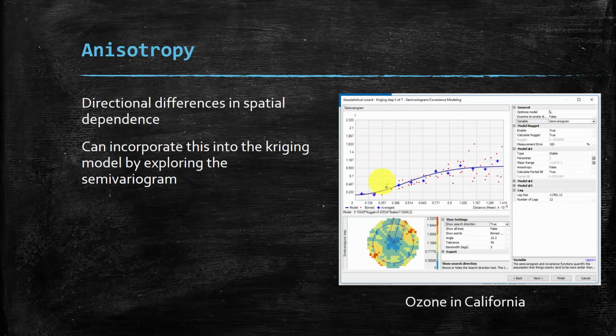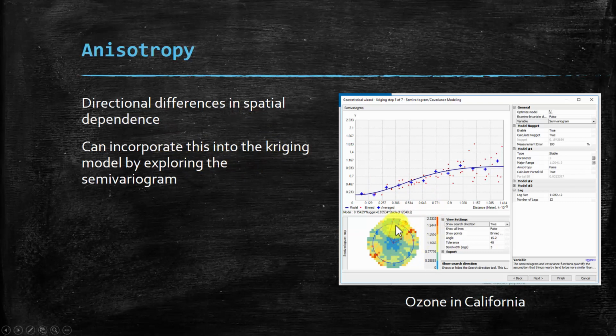Okay, another issue is the concept of anisotropy. I can't say that word. So if you look at the spatial dependency or the spatial autocorrelation in the data, you might actually find that it's direction dependent. And incorporating that direction may further improve your model or allow you to further reduce the residuals. So you can incorporate this into a Kriging model by exploring it in the semivariogram.